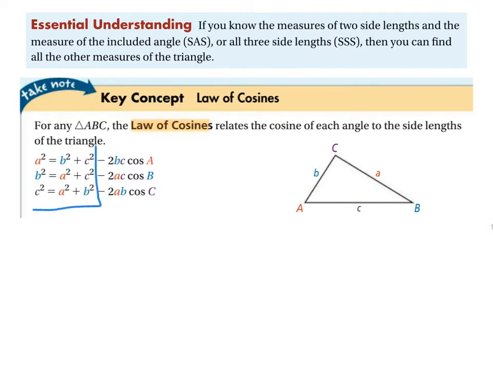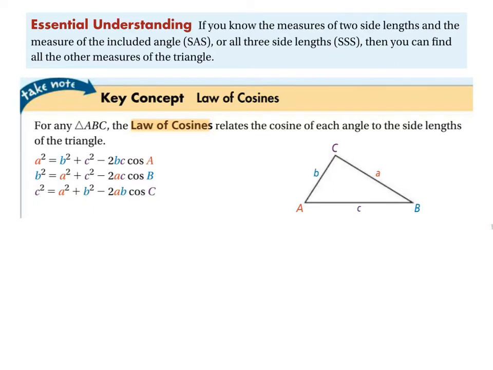This first part really mimics the Pythagorean theorem, right? c squared equals a squared plus b squared. You see that down here. Now, the reason they write it in all three different ways is because there is no one c squared. In the Pythagorean theorem, c is the hypotenuse, but there is no hypotenuse when you're not talking about a right triangle. So you can solve for any side.